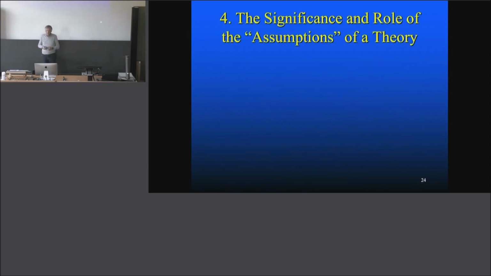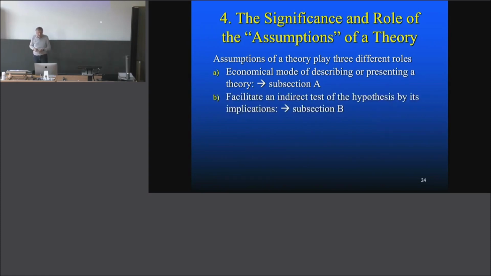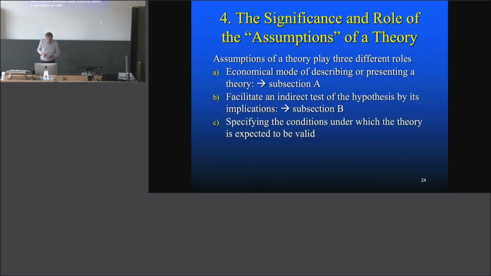Okay. So the next step then in his article is the significance and role of the assumptions of a theory. Assumptions of a theory play 3 different roles, he claims, and he does that in different subsections. The economical mode of describing or presenting a theory, so it's one way to present a theory by referring to the assumptions; to facilitate an indirect test of the hypothesis by its implications; and specifying the conditions under which the theory is expected to be valid.